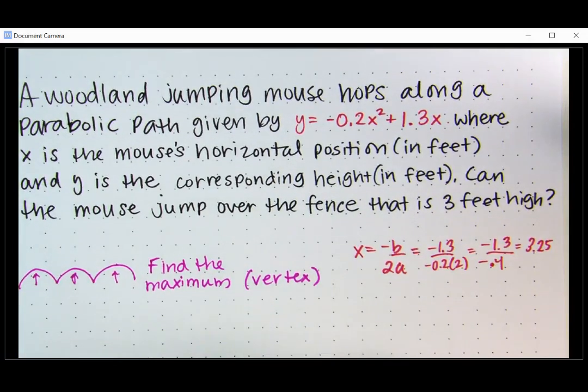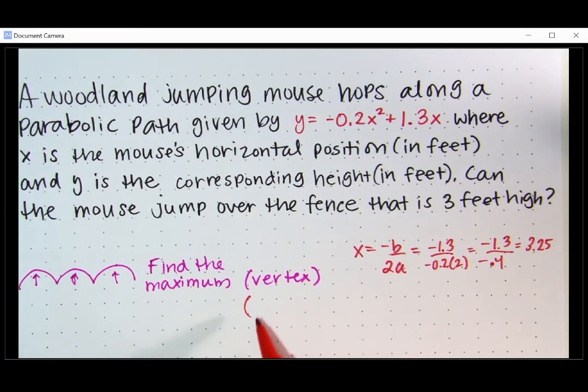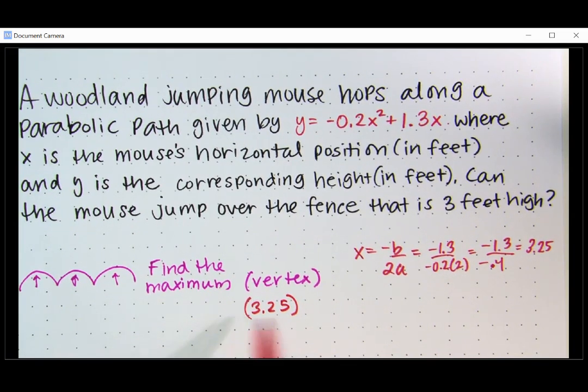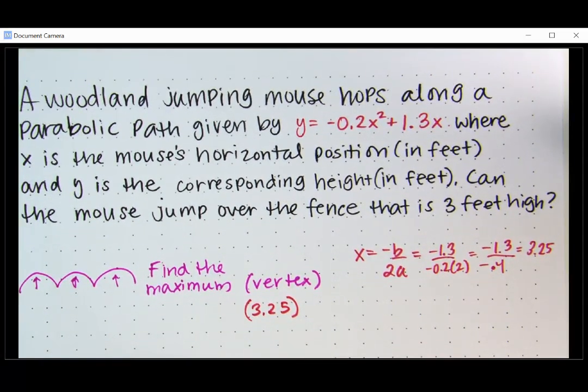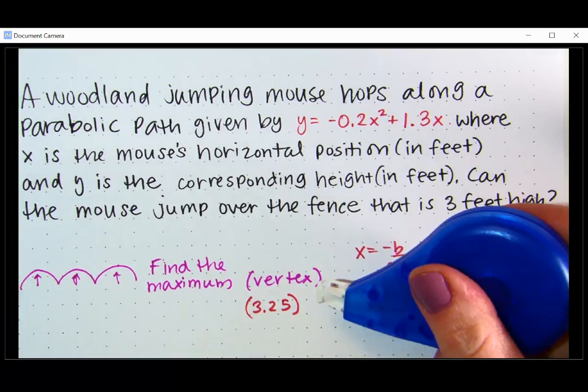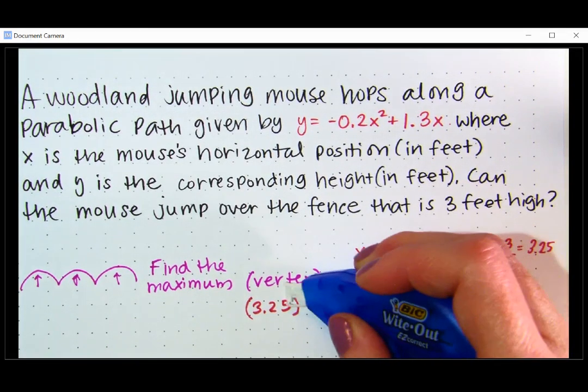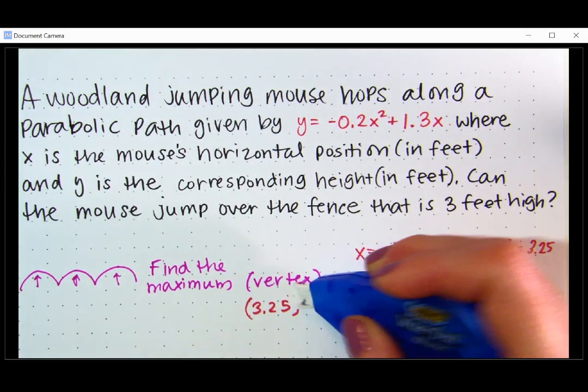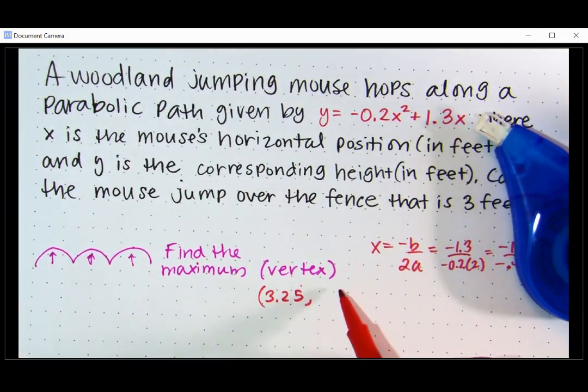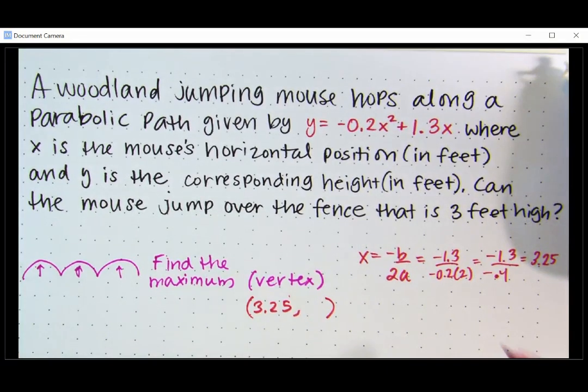Now for my y-coordinate, let's remember x is the horizontal position, y is the vertical. Then I'm going to substitute in.